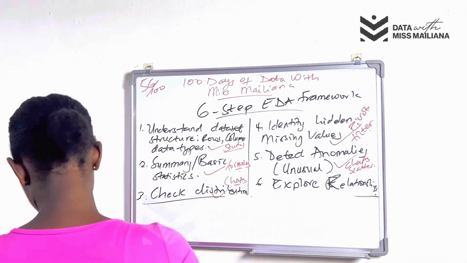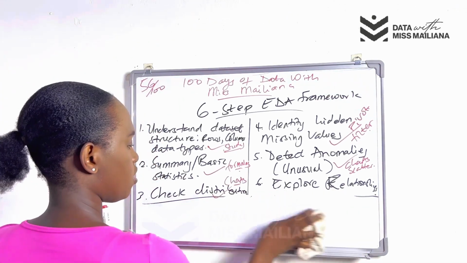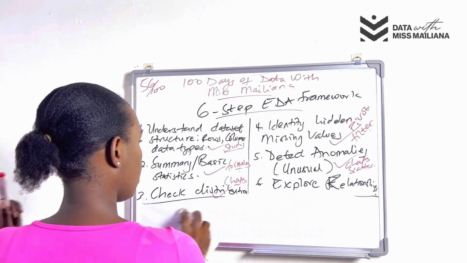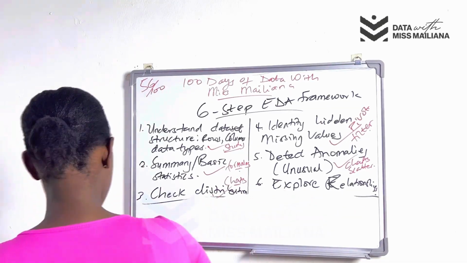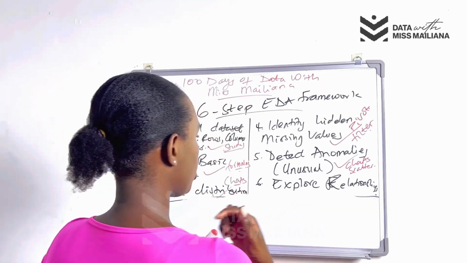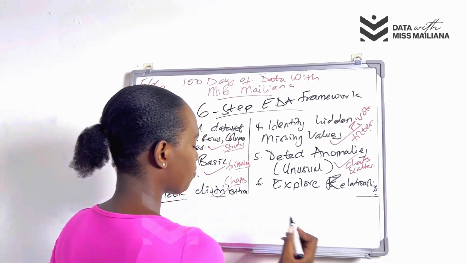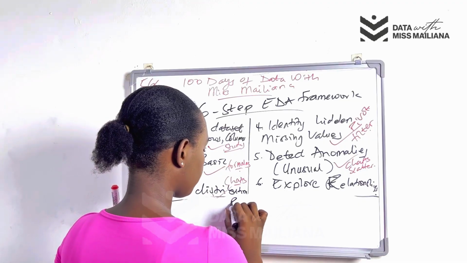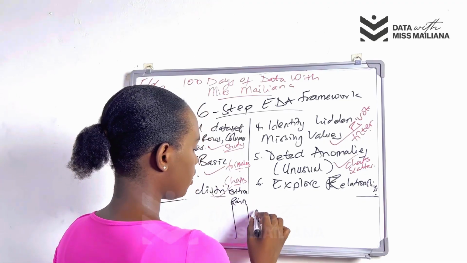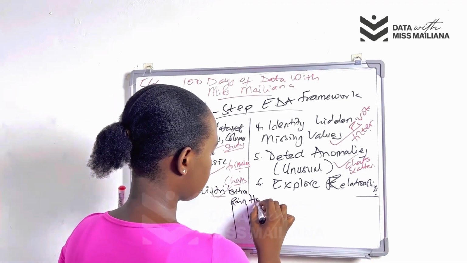Okay. So now let's move on to the next. The last but not the least is explore relationship. When we say relationship, you are going to say something like, okay, we have rainfall. We have rain and we have harvest.